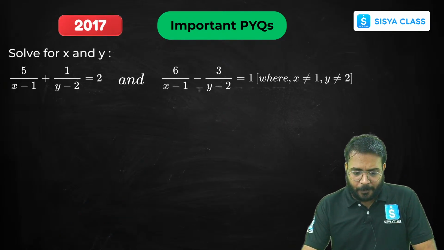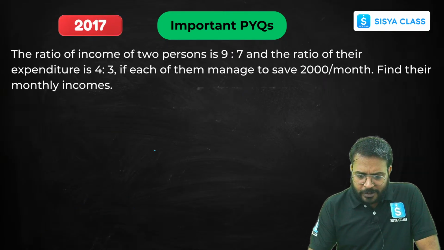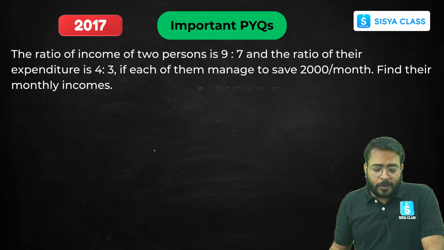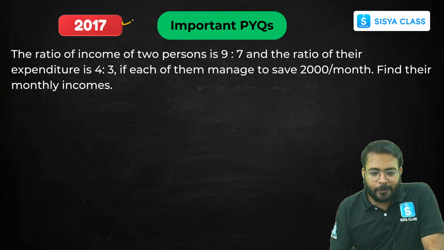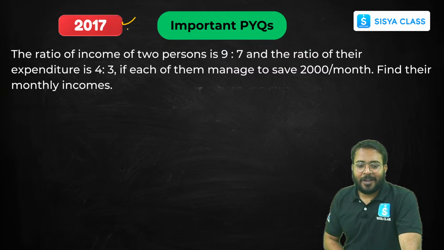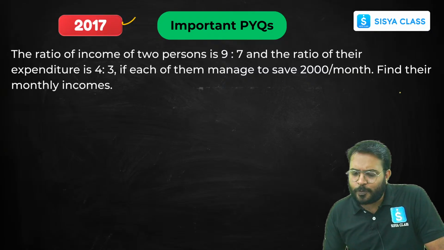Now, one more question is there. Ratio of incomes of two persons. This is a very interesting question, asked in 2017. Understood? What they have given: ratio of income of the two persons is 9 by 7.